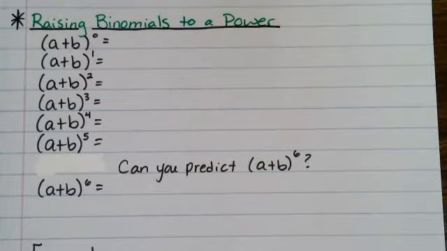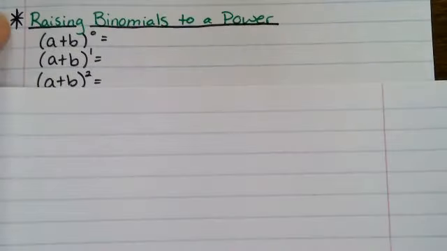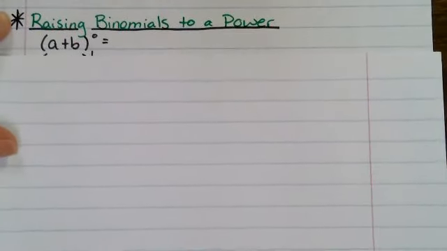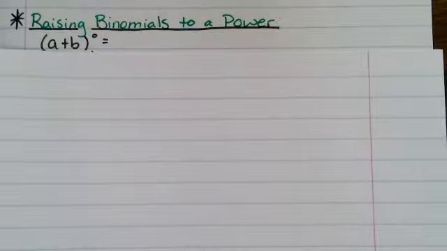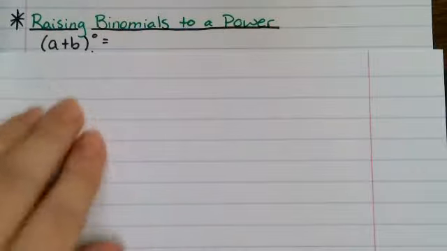But we're going to go through each of these one at a time, okay? It's going to look a little bit strange here at first just because of the way that I'm filling this out. But I want you guys to try to match the same kind of pattern that I'm going to be filling in, okay? So when we work through this, we're going to have everything raised to a power.